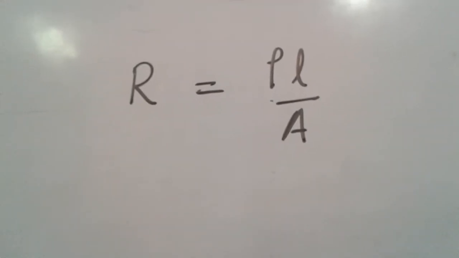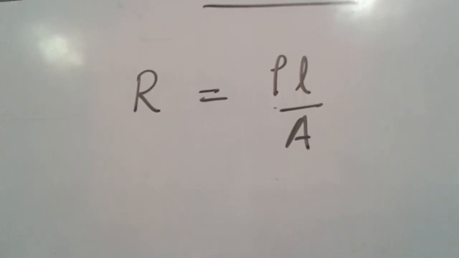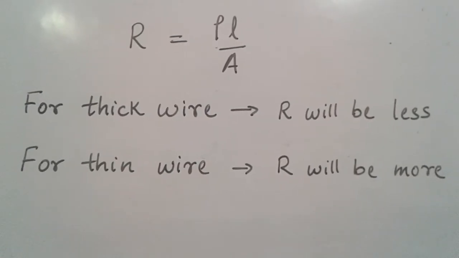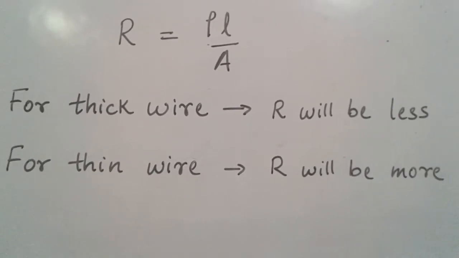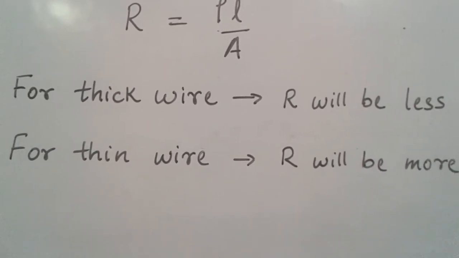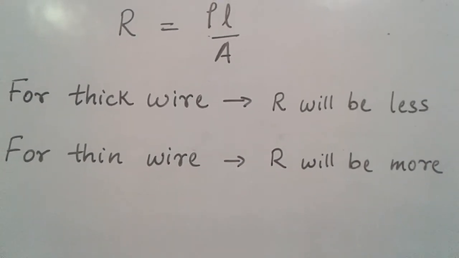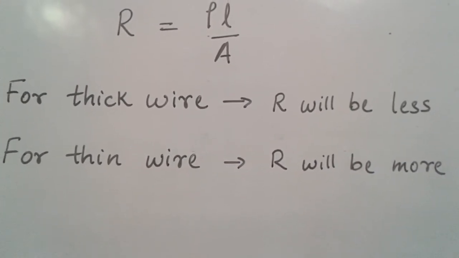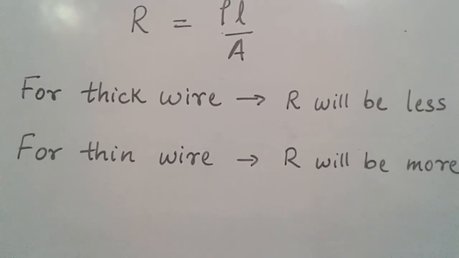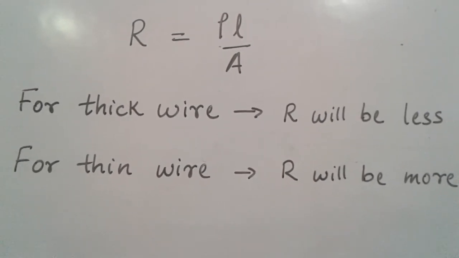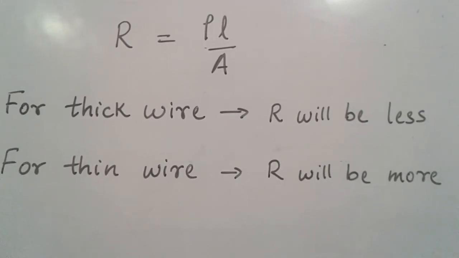So we have come to know that R is equal to rho L by A. One important fact we can write is that for a thick wire, that means a wire with a bigger area of cross section, A will be more and therefore R will be less, as they are inversely proportional to each other. Similarly, if the wire is thin, then the value of A is less and therefore R will be more.